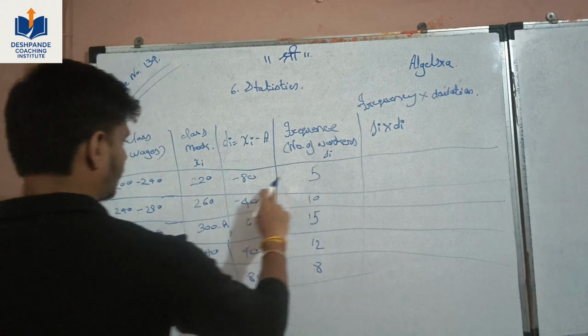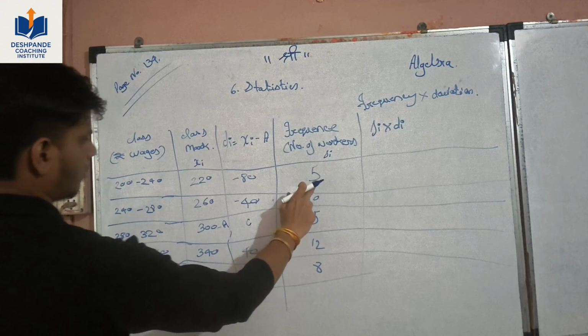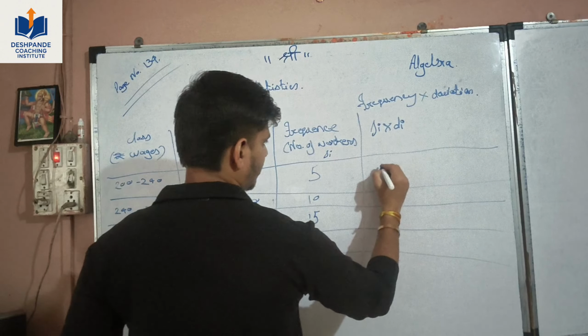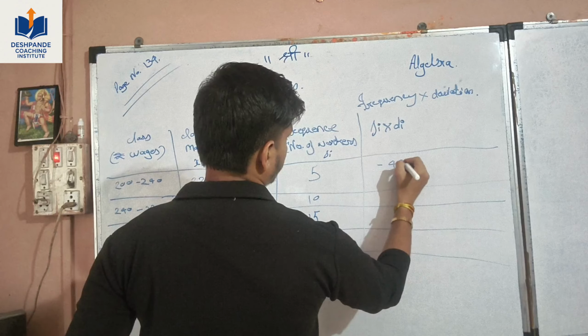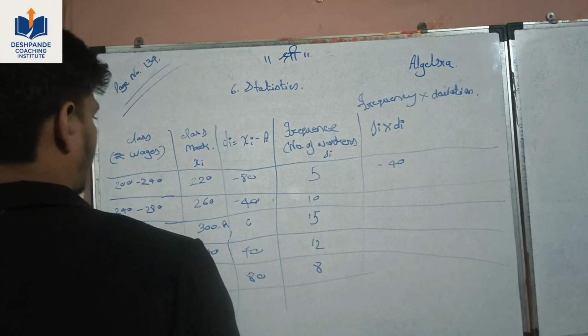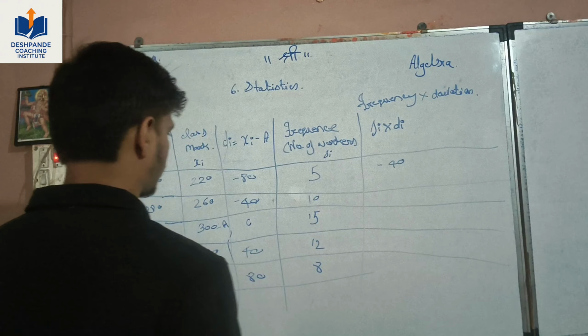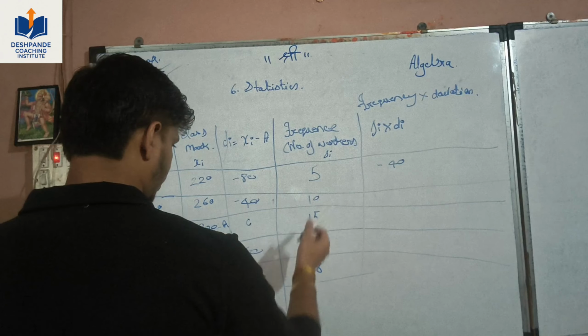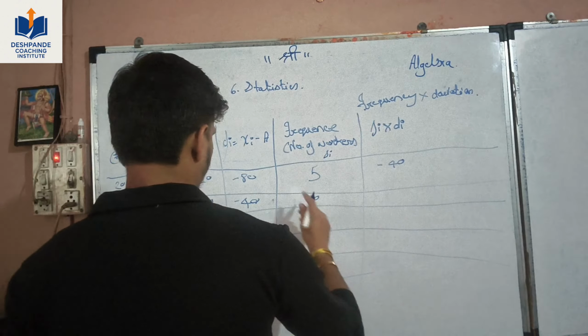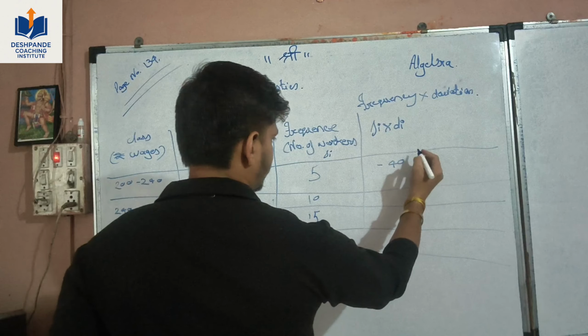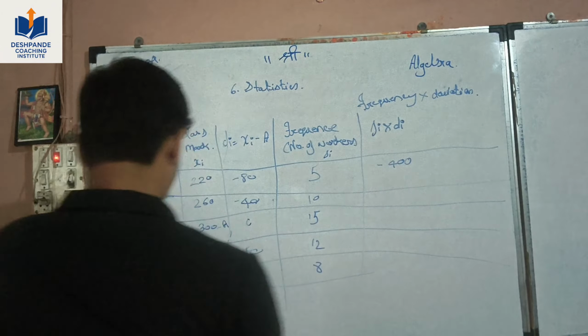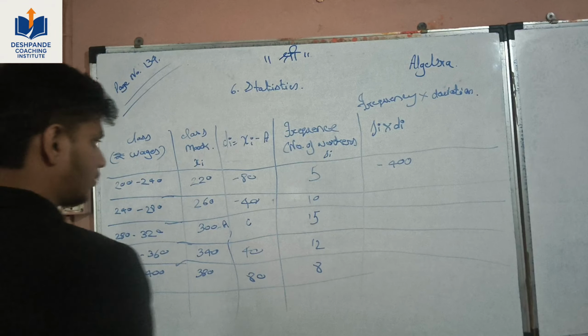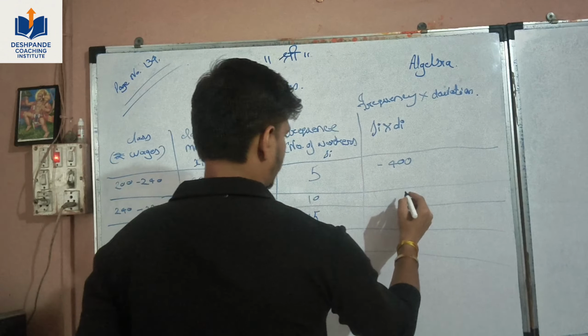So 5 into minus 80, 8 5s are 40. So minus 400 will be the frequency into deviation for the first row. So 80 into 5 is equal to minus 400. So minus 40 into 10 is equal to the same, minus 400.